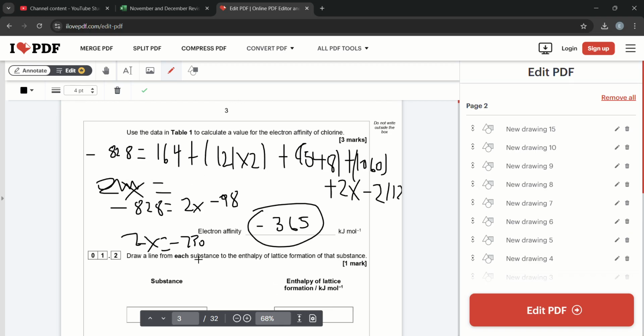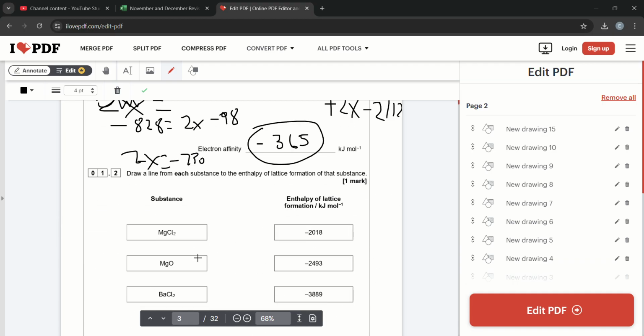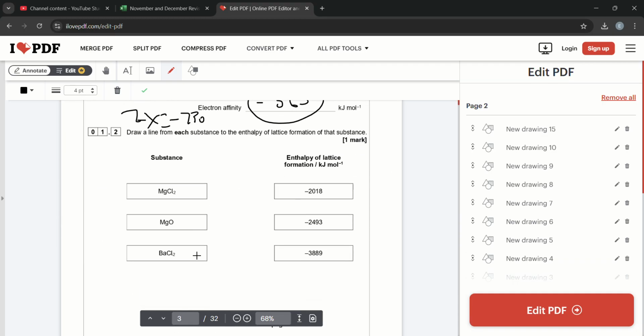Barium chloride is going to be minus 2018. Magnesium oxide is going to be this one, minus 3889. And magnesium chloride is going to be minus 2493. However, it's only one mark, so if it's taking too long, just skip it. It's just one mark for 3 lines.